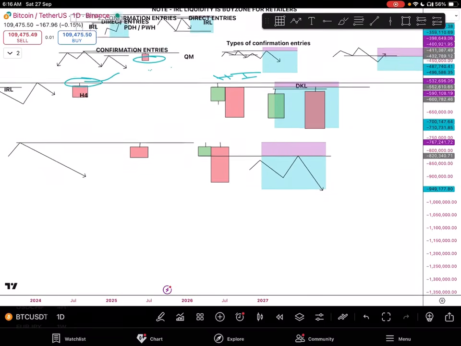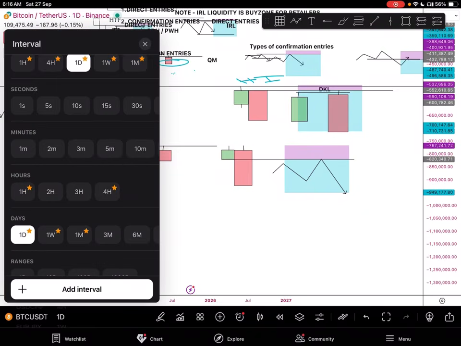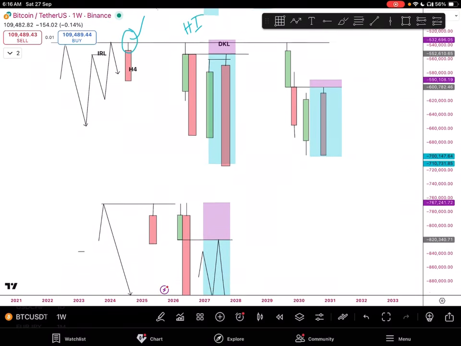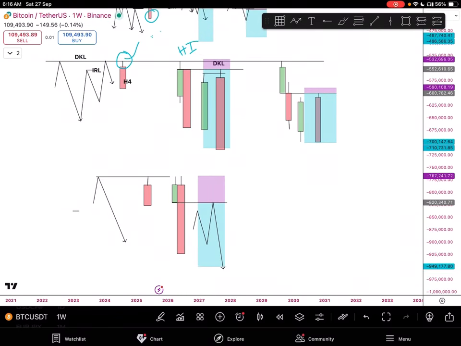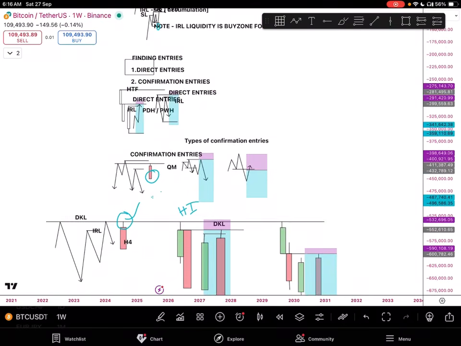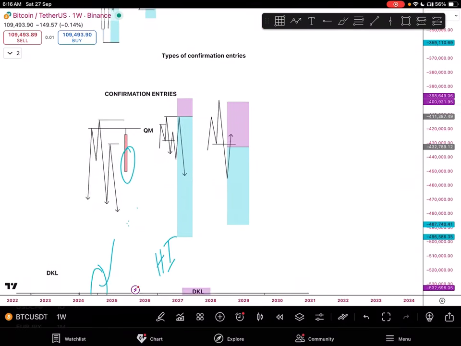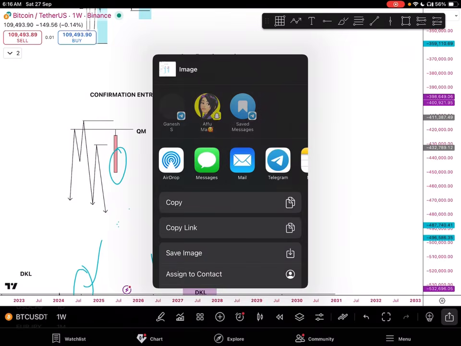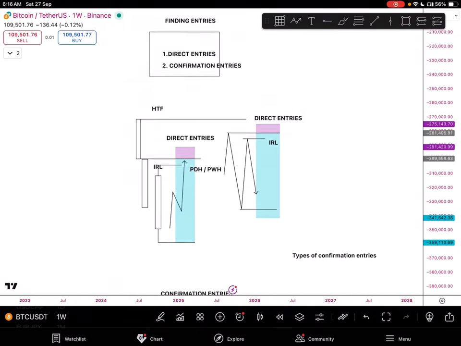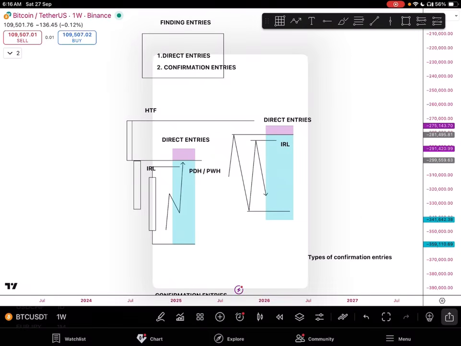So if someone needs this as an image, let me save it and I will share it in my channel. You can use it, okay? So types of confirmation entries, so types of direct entries.